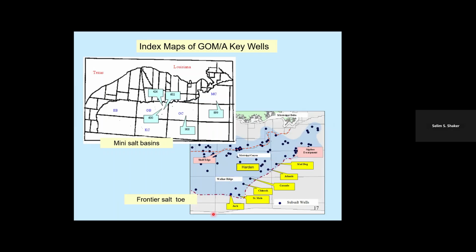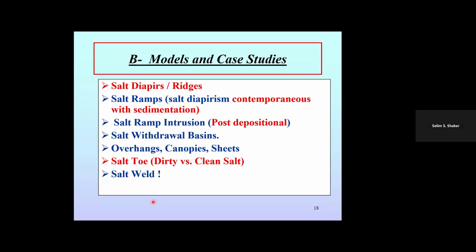But you call it the frontier salt overthrust or toe. It looks like a toe. Here are the models. I'm going to go through 3 or 4 of them quickly and tell you which one is good, which one is bad, and which one is ugly, because that's the title of the presentation.